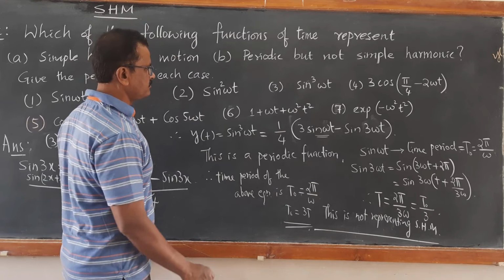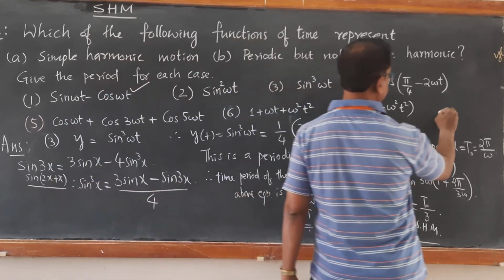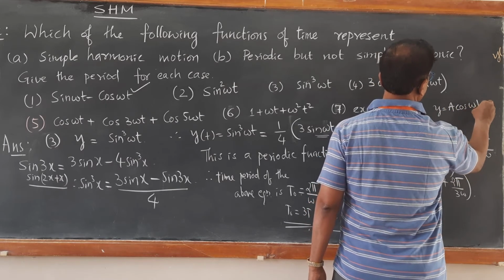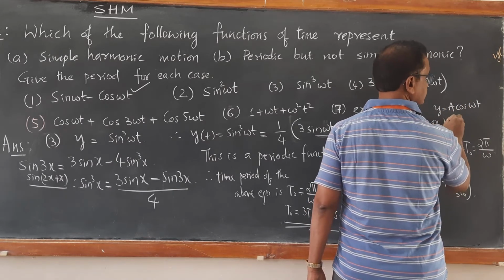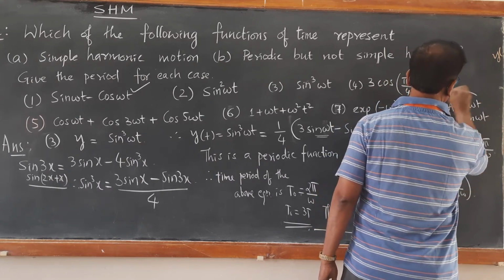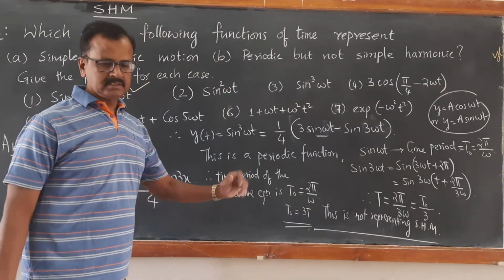What is that standard form? It must be y equal to a cos omega t, or y equal to a sin omega t. Either of these forms should be there, then only it will represent simple harmonic motion.